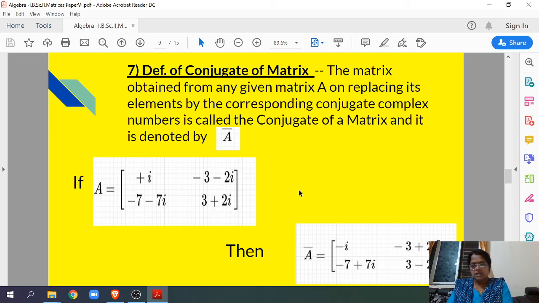The number a plus ib is suppose a number in the matrix A, then its complex conjugate will be a minus ib. Therefore, complex conjugate of minus 3 minus 2i is minus 3 plus 2i. Conjugate of minus 7 minus 7i is minus 7 plus 7i, and conjugate of 3 plus 2i is 3 minus 2i. Therefore, if A is this matrix, then your conjugate will be A bar, or A conjugate is equal to this matrix.